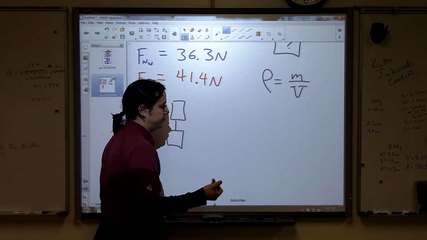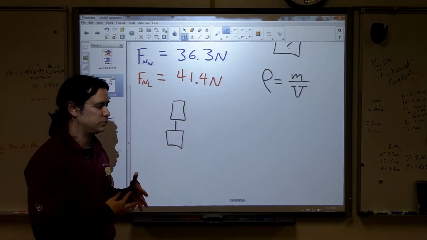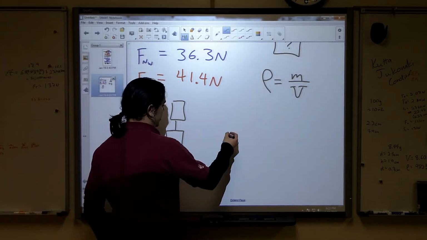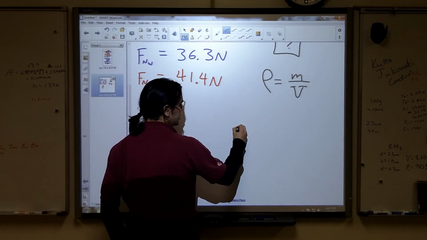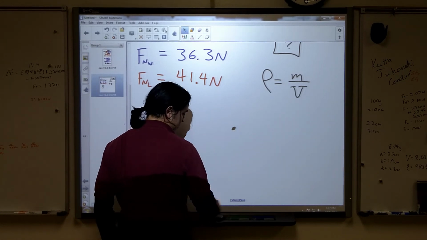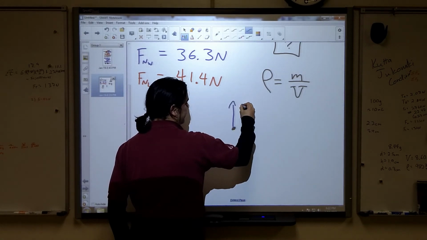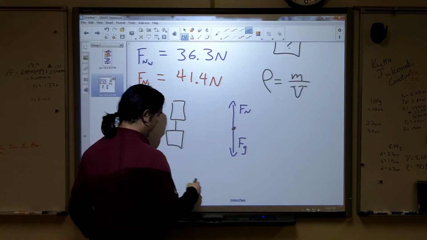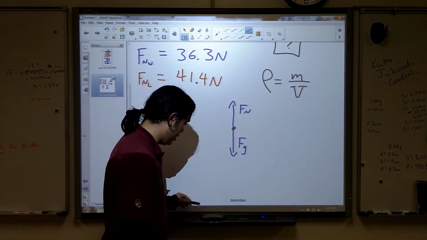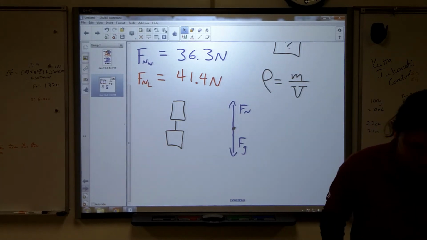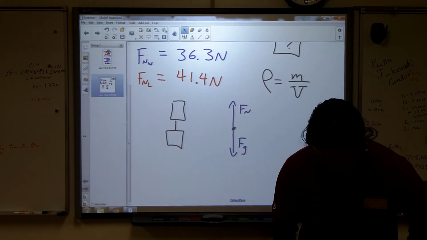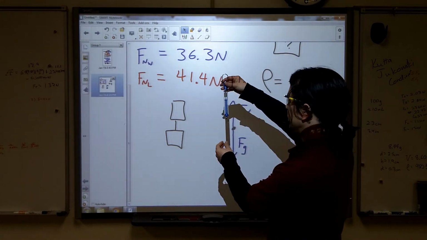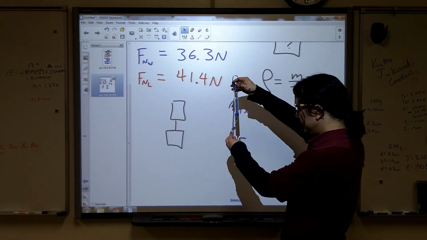Now, air technically is a fluid, but the buoyant force from air is really, really small, so we're pretty much going to ignore that. Here's my free body diagram. I've got the normal force from the scale up and the force of gravity down. Let's get an example of this. I have a spring scale that reads 0 right now.